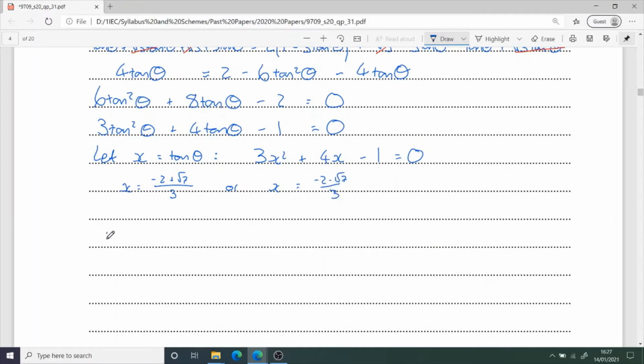So we have either tan theta is equal to this, or tan theta is equal to this. I would expect that one of these, let's have a look actually.